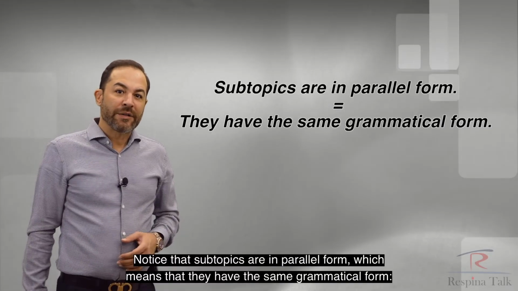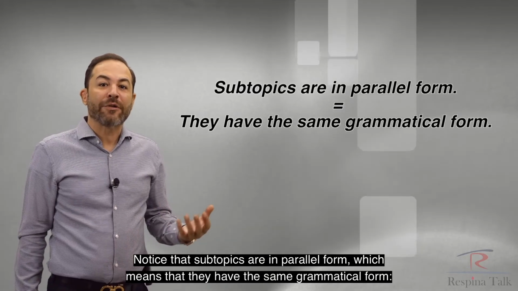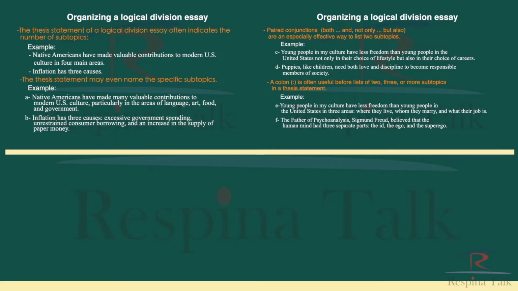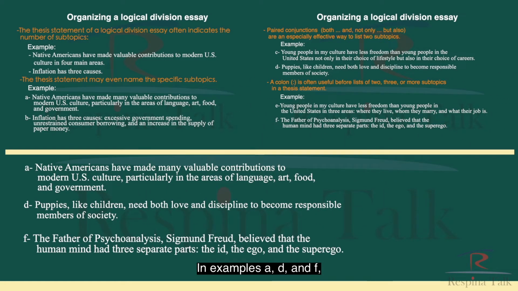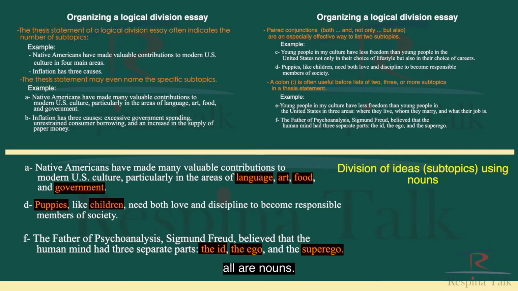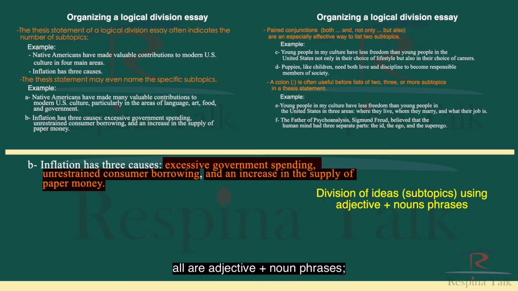Notice that subtopics are in parallel form, which means that they have the same grammatical form. In examples A, D, and F, all are nouns. In example B, all are adjective plus noun phrases.